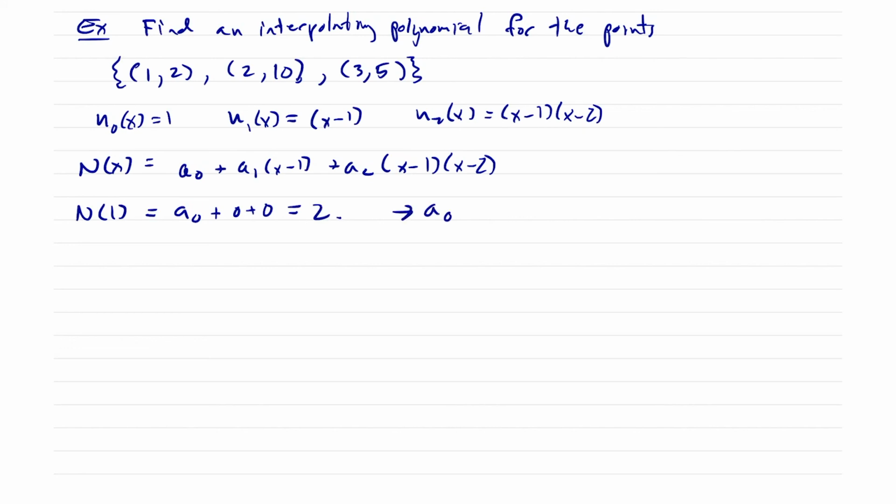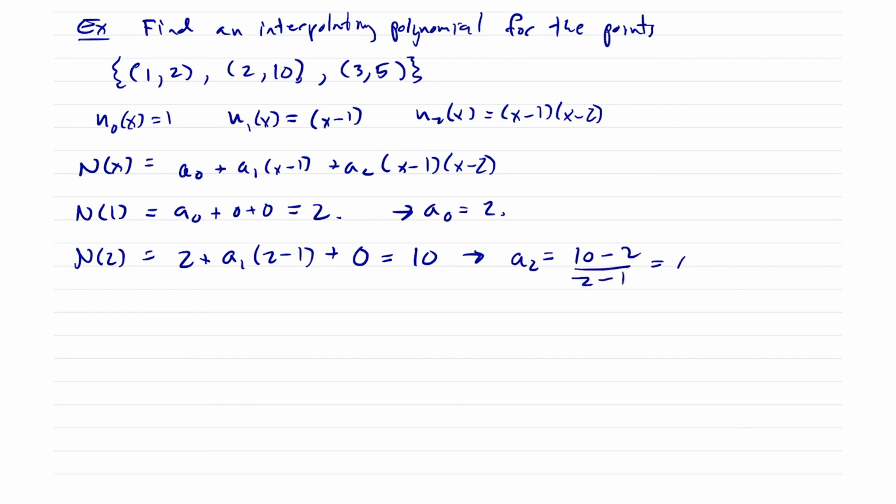So that tells us that a0 is equal to 2. And N(2) is going to be 2 plus a1 times 2 minus 1 plus 0, and altogether that should be 10. And so then that tells me that a1 is going to be 10 minus 2, divided by 2 minus 1, and that's just 8.